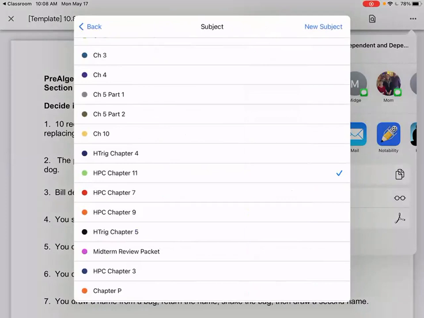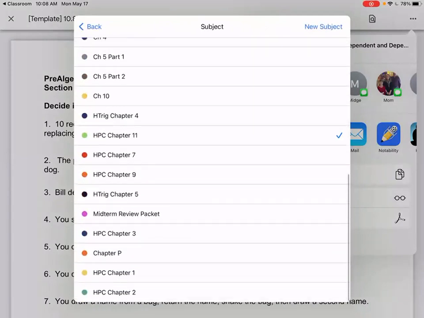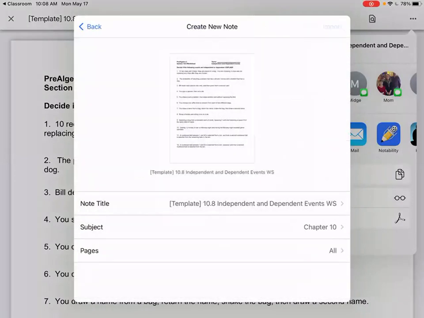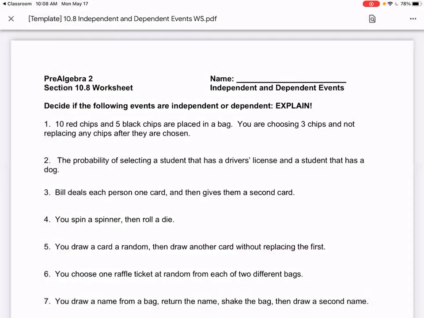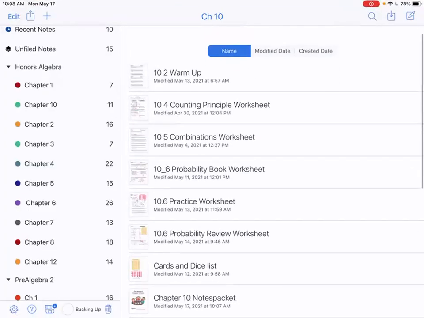You can kind of look to see which ones are independent and dependent. So the first group of problems, you're deciding if it's independent or dependent.